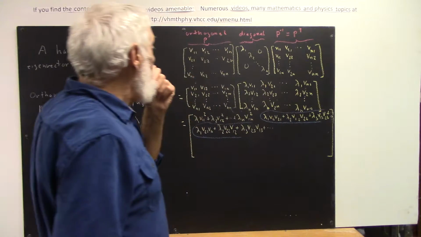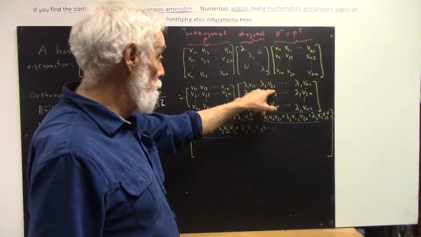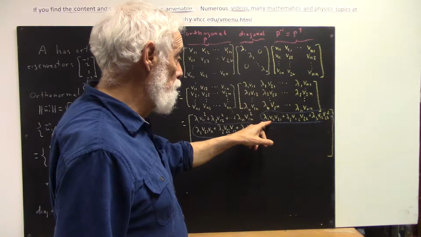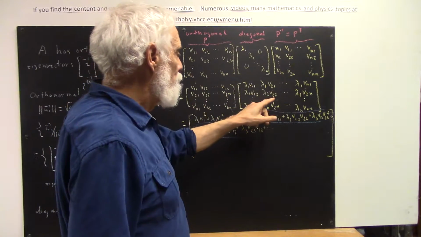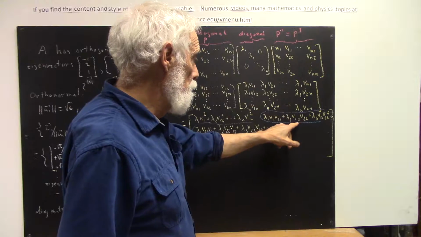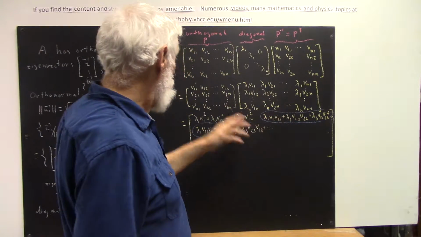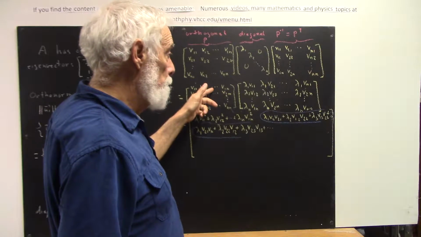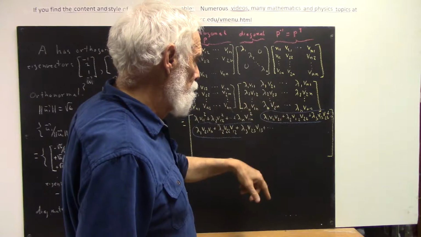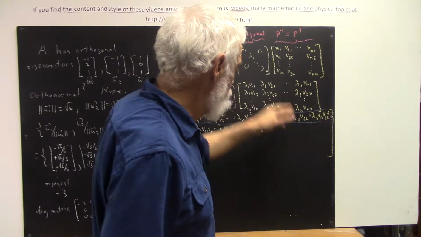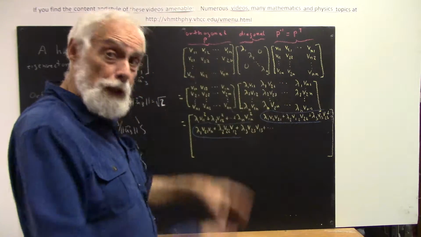Does it? Well, we get V11 and a V21 that match up with a lambda 1. So we get lambda 1, V11, V21. That's easy enough. V12 and V22 are going to match up, so we're going to get a V12 and a V22, and a lambda 2 here. Then we're going to have a V13 multiplied by V23, and that's going to be the next one down here. It's going to have a lambda 3. So that's the pattern that we're going to get.